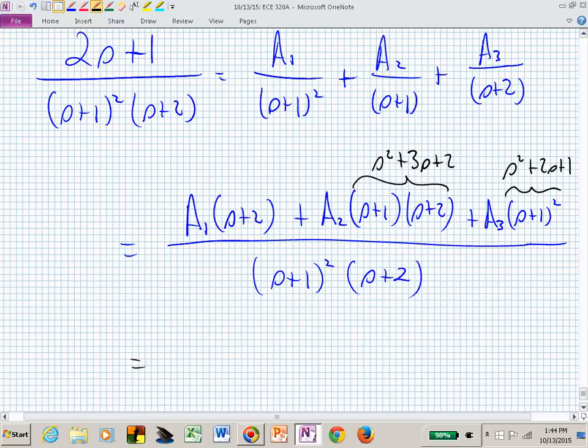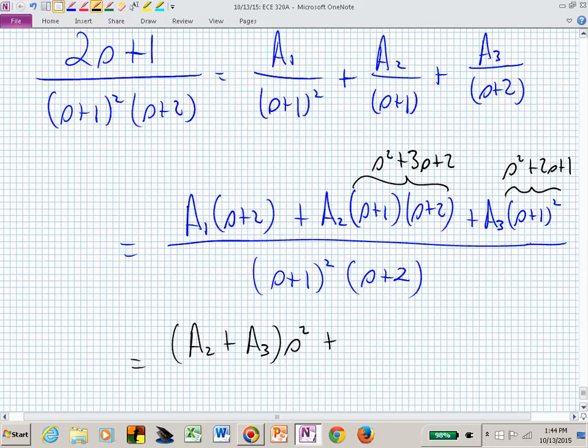I would now have what is going to multiply s squared? On the right, I have an a sub 2 and an a sub 3 times s squared. And those must equal zero because there's no s squared term on the left.